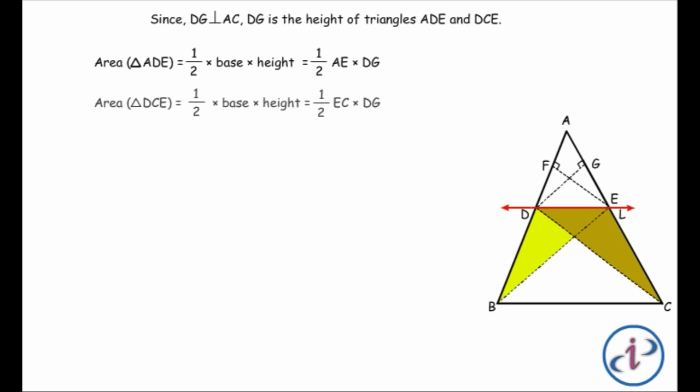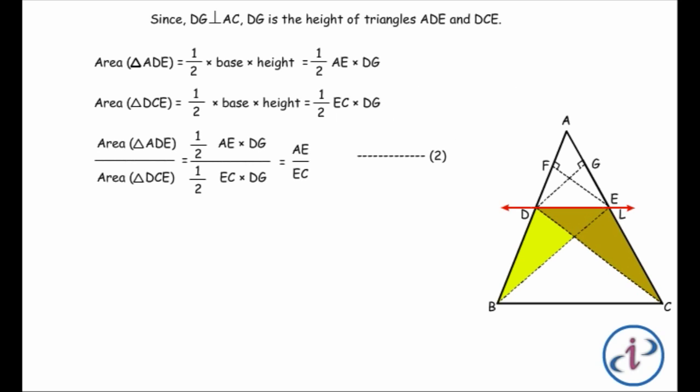Area of triangle DCE is equal to half times base times height, which is 1 by 2 times EC times DG. Therefore, area of triangle ADE by area of triangle DCE is equal to AE by EC.